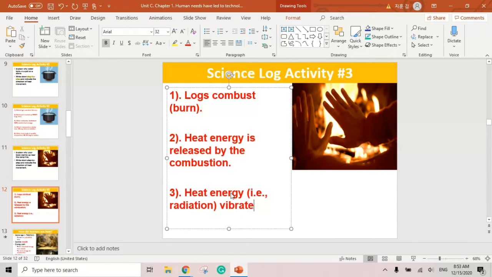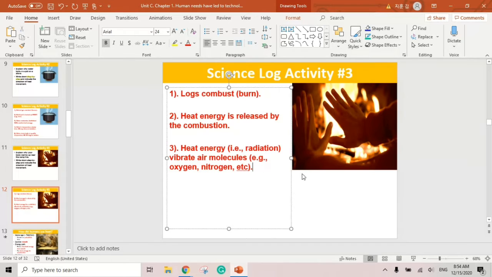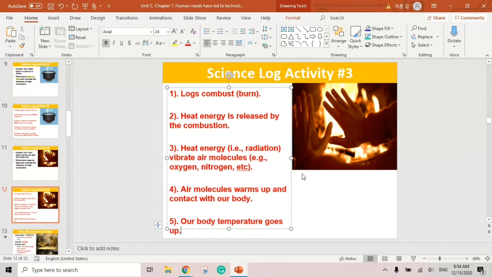Heat energy vibrates air molecules, for example oxygen, nitrogen, etc. So the third step: heat energy basically warms up the air molecules, and the air molecules come in contact with our body. And last, body temperature goes up.